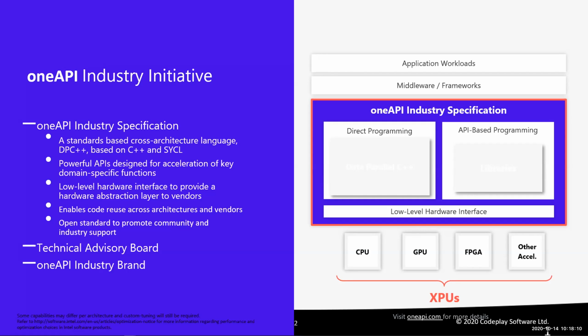So you might ask, why is oneAPI being based on industry standards and an open specification important? Many people, including Intel, have had decades of experience working with standards groups in industry and academia, with initiatives like ISO C++, Fortran, OpenMP, MPI, and Khronos.